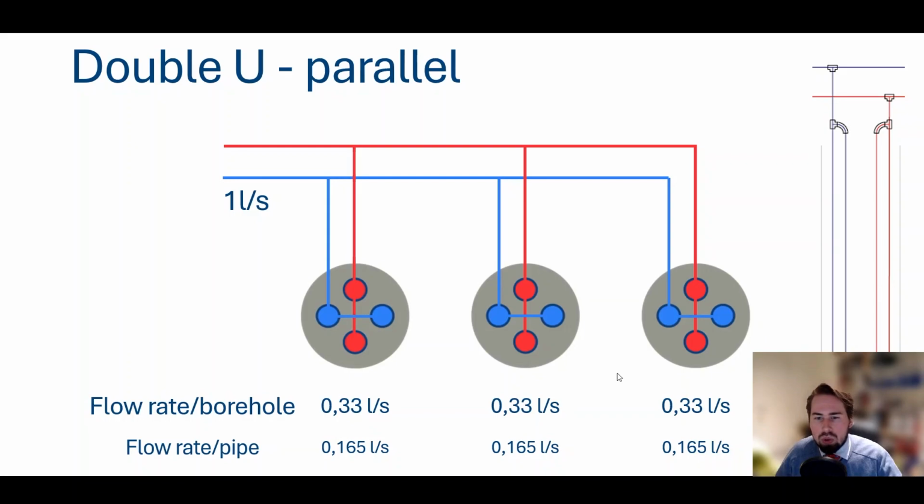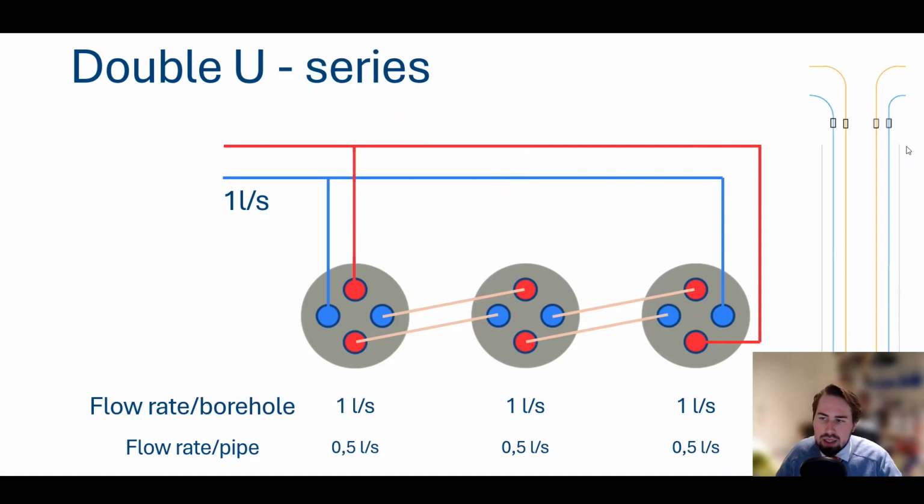And if we now look at the final example, where we have a double U-tube in series, it's important to first take a look at the figure on the right. Before, both U-tubes were connected above, and now they're not. So now the different U-tubes inside this double U-tube borehole are handled in separate ways, let's say.